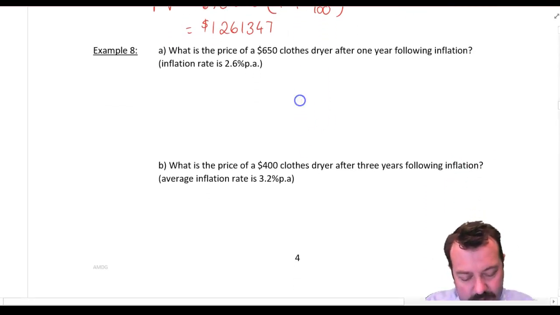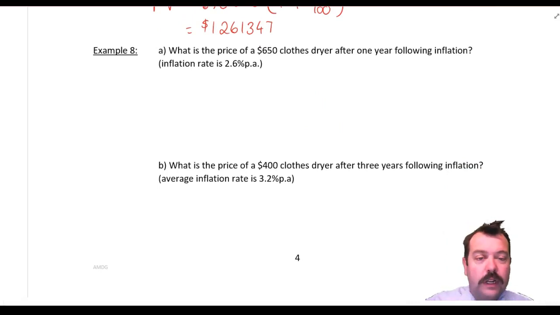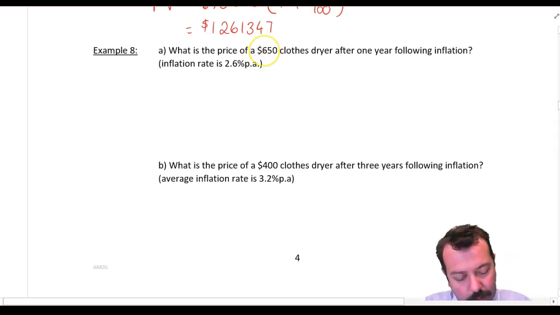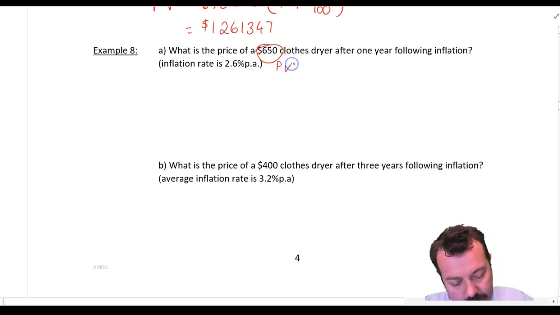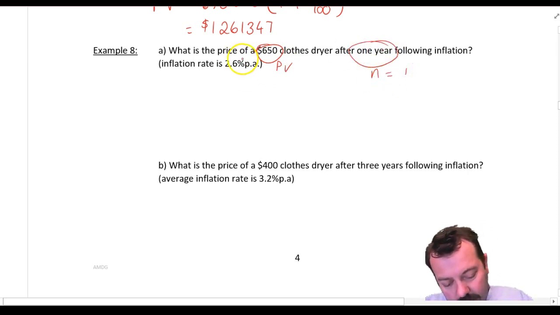Anyhow, moving along to example 8, I've got $650 for a clothes dryer. If the inflation rate is 2.6%, how much would it cost to buy a similar clothes dryer 1 year later? Okay, so again, my present value is 650, my number of terms is a simple 1, and my rate is 2.6%.